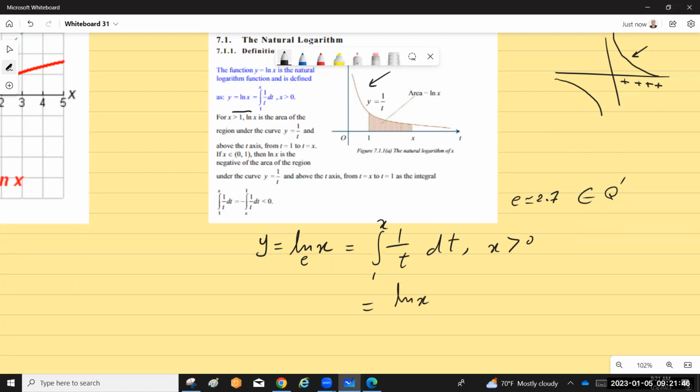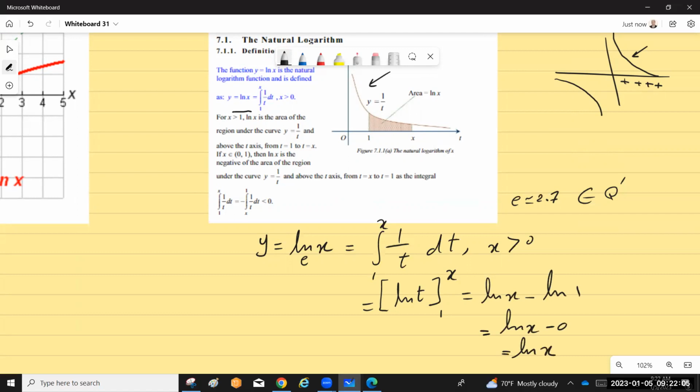Again, the integral of 1 over t is ln t, with the boundaries of the integral from 1 to x. So it's ln x minus ln 1, which is ln x minus 0, which is ln x.